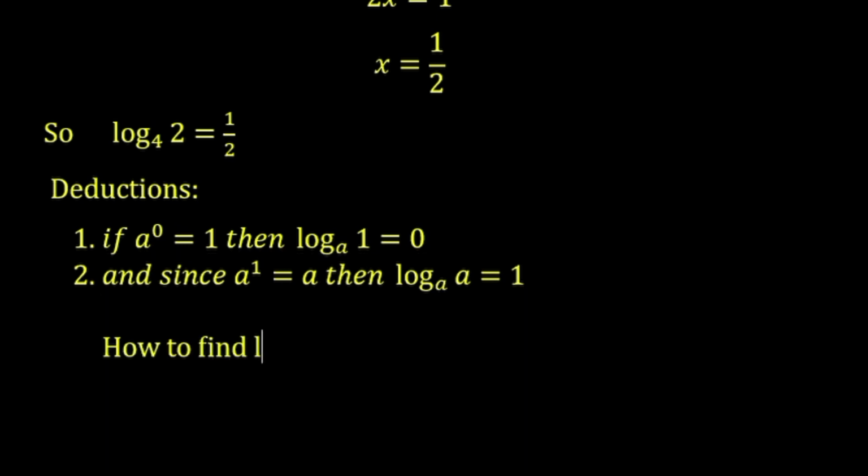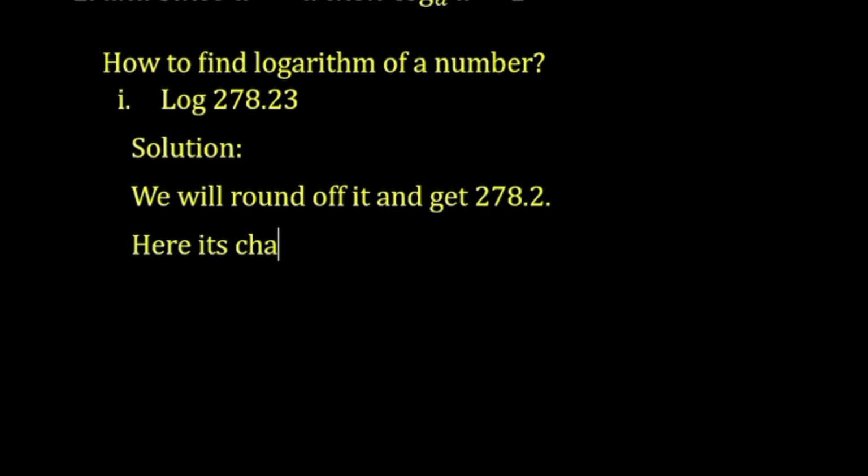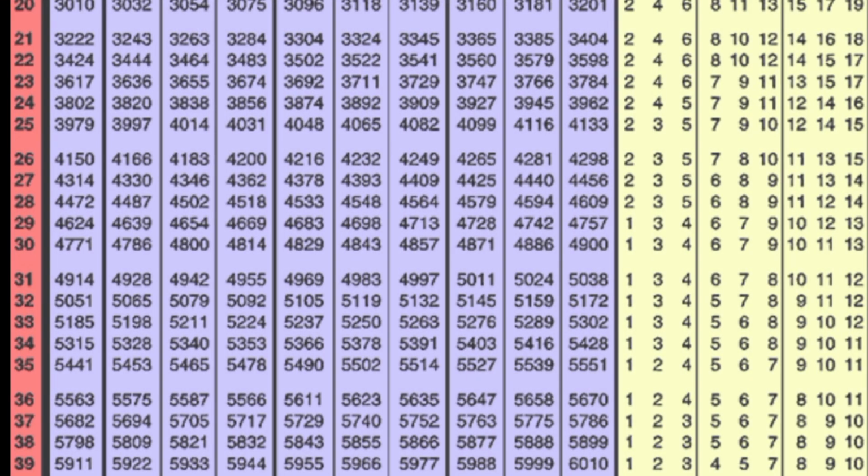We have to find the logarithm of 278.23. We will round it off to 4 digits. We will get 278.2. Here before the decimal there are 3 digits, so its characteristic will be 2. We will use the logarithmic table prepared by John Napier. In the top left column, we will move down and find 27.